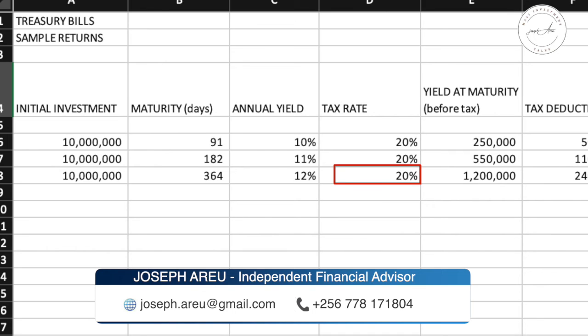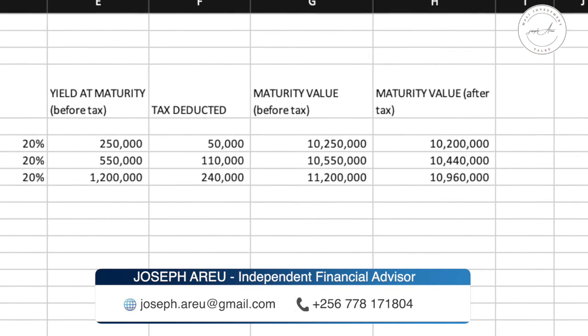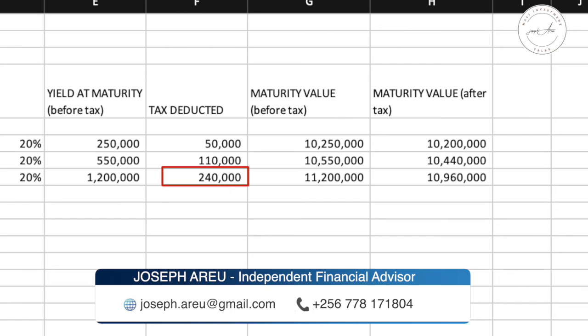The total income you will get after the 12 months will be 1.2 million. The government will take off its tax of 240,000. At the end of the 12 months, or 1 year, you will then be paid 10,960,000. So 10 million being what you invested, 960,000 being what you earned.